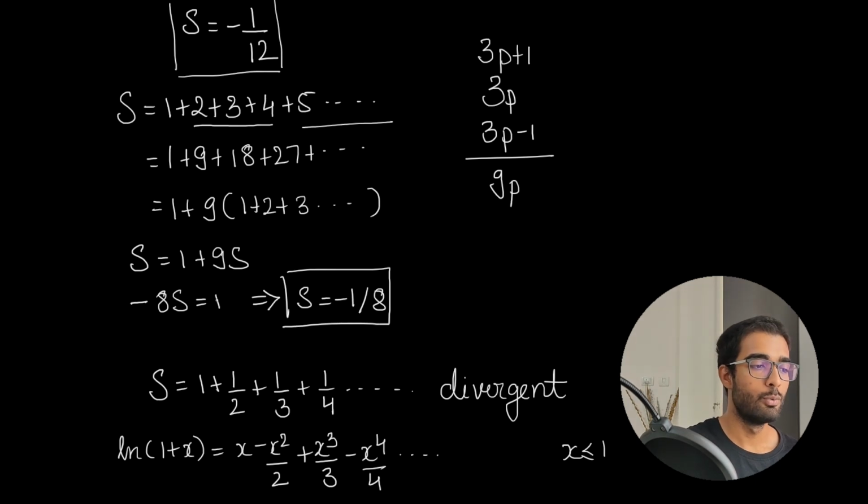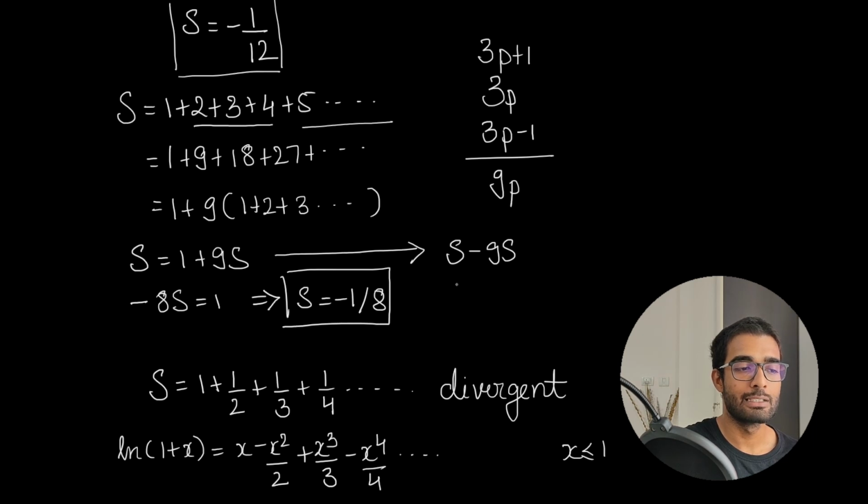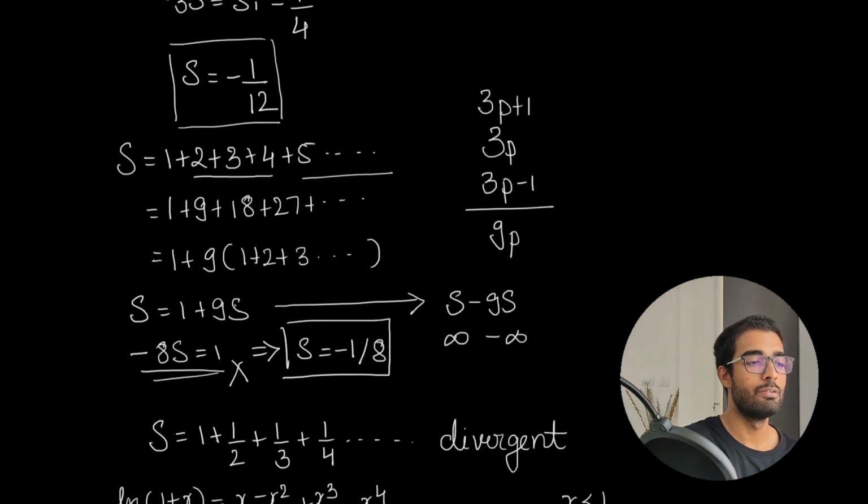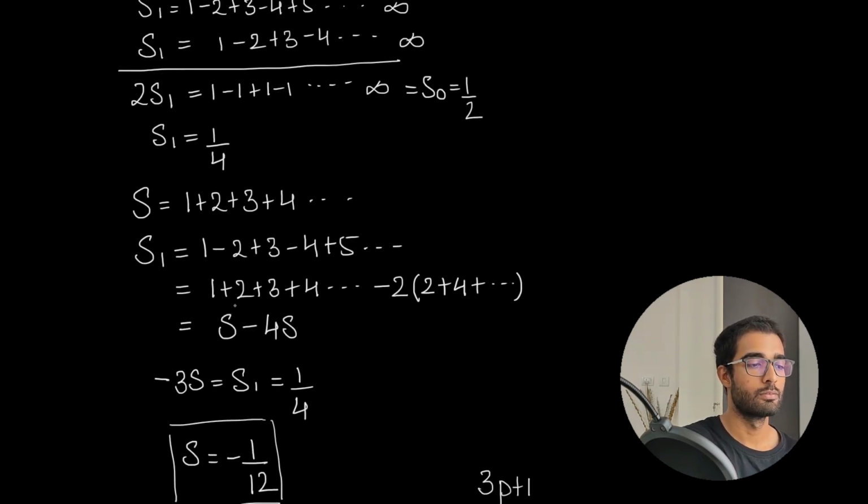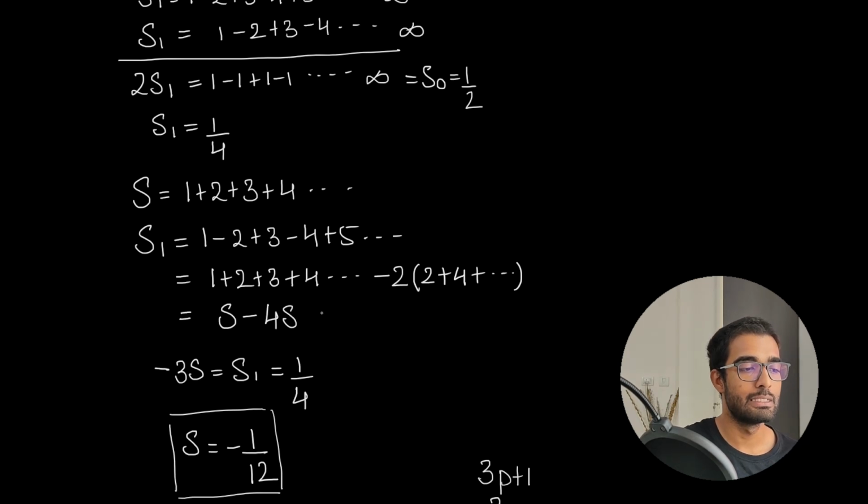So here, in this step, when we perform this S minus 9S, it is actually an infinity minus infinity indeterminate and we cannot write this thing. This is wrong. Again, when we go up, we are making the same mistake in this step. This is again an infinity minus infinity indeterminate and we cannot write this.